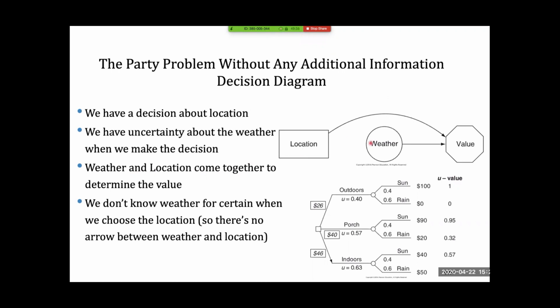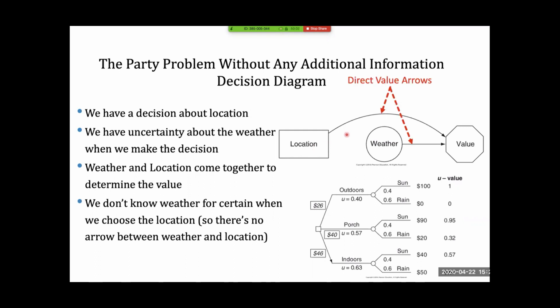And since we do not know the weather for sure when we decide on the location, we cannot have an arrow from weather to location. The lack of an arrow from weather to location represents the fact that we are uncertain about the weather at the time we decide on the location of the party.